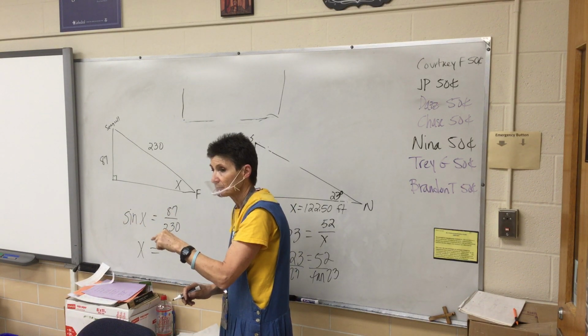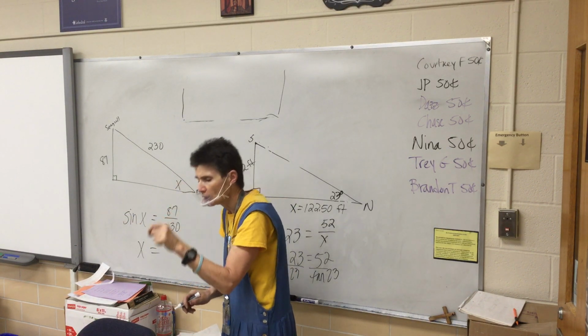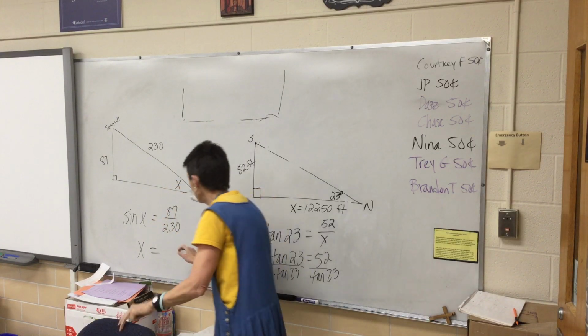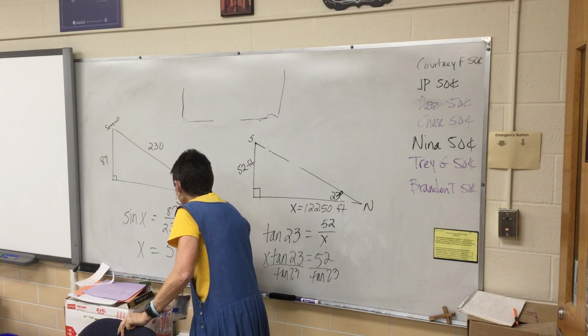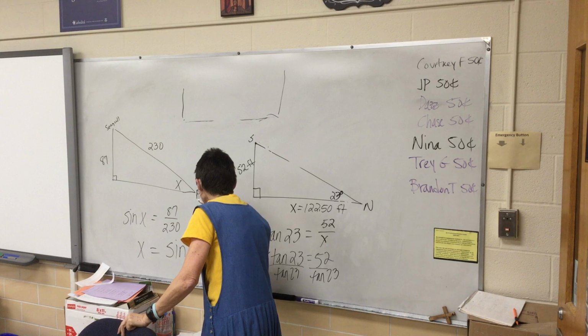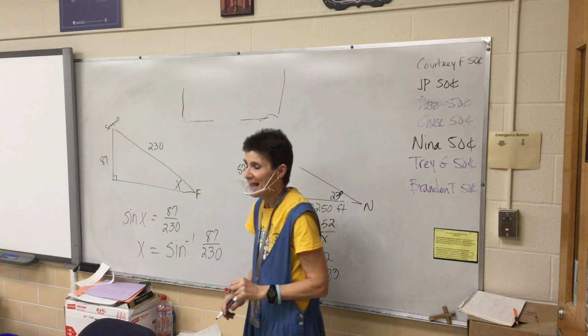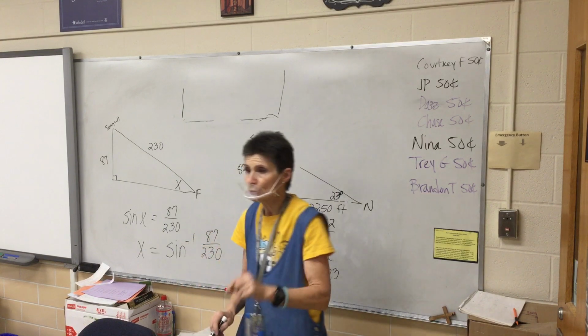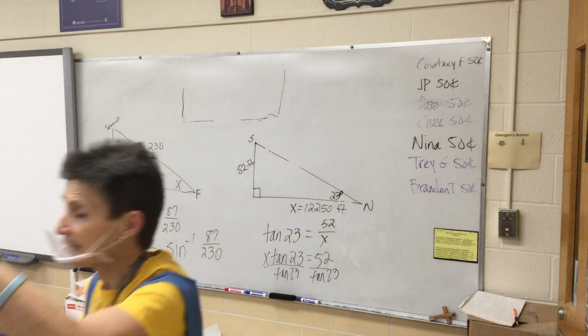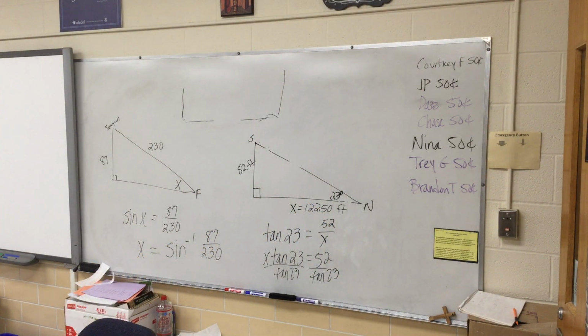If you are looking for an angle, you use second sine. If you want an angle, you are going to use your second sine, second cosine, or second tangent button.